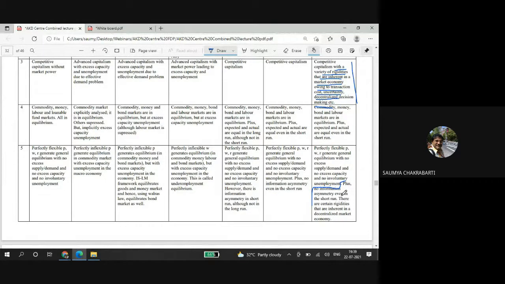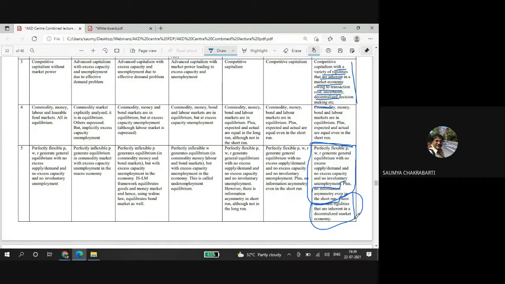This is the main part: everything is perfectly flexible price, wage, etc. This is a general statement when you read, because you have this table with you. This is a general statement they are making, but they are adding that prices are finally rigid, money wage is finally rigid, rate of interest is finally rigid because of certain fundamental rigidities.